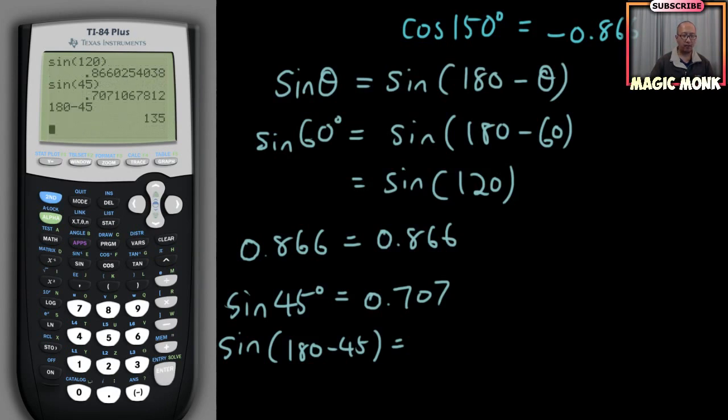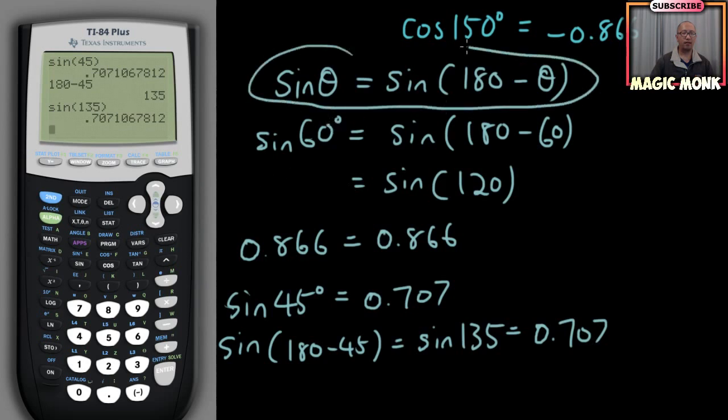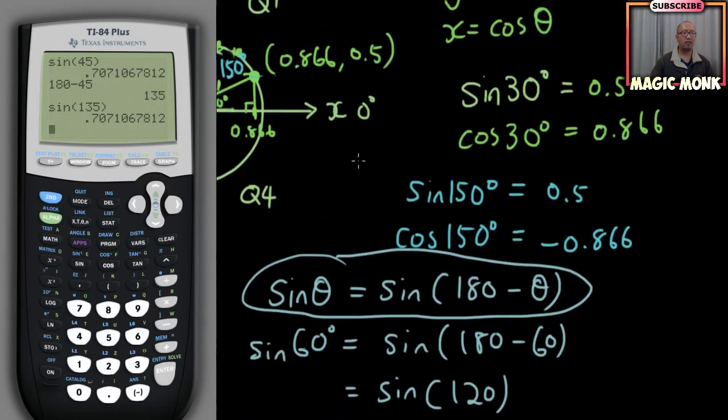So sine 135, and see what the answer is. And the answer is also 0.707. So yeah, this rule works pretty well. Sine theta equals sine of 180 minus theta.